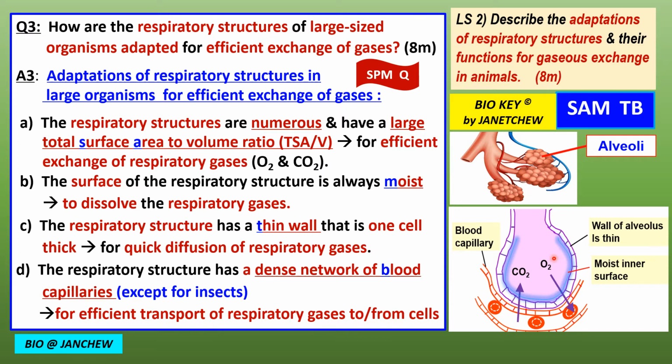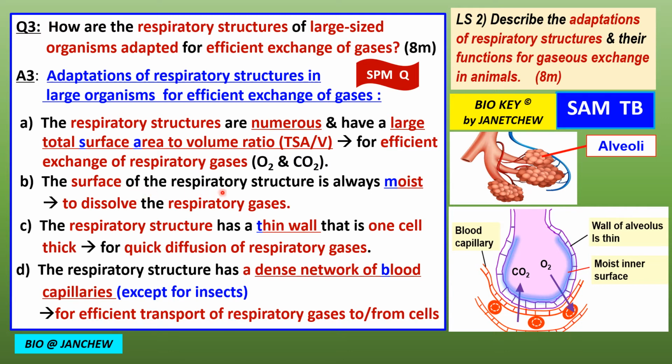For example, oxygen will diffuse from the alveolus through the wall of the alveolus into the blood, and carbon dioxide will diffuse from the blood into the alveolus. So the larger the total surface area, the faster the diffusion of oxygen into the blood, as an example, and the more efficient the exchange of respiratory gases.